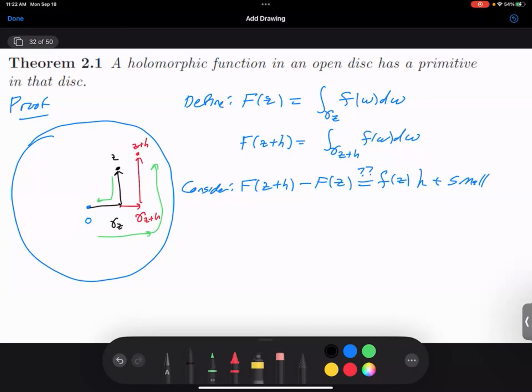So just drawing what we have as a net, we have 0 over here, we have z, and then we have z plus h over here. We have this part over here, then we come up to z plus h, and we have this part coming down like this.